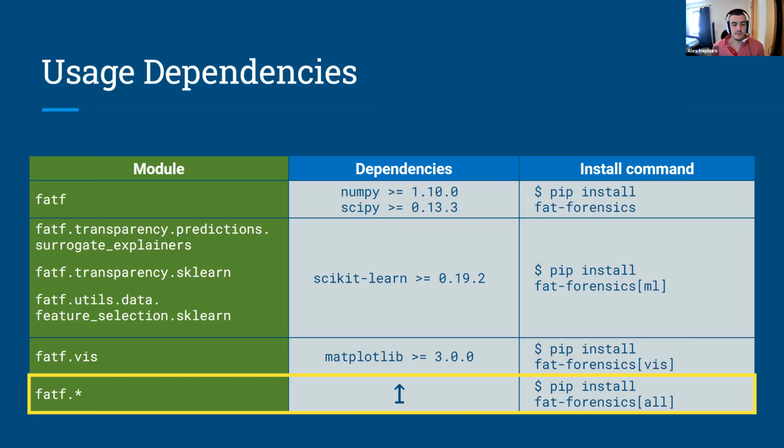We also have a module for visualization that has a couple of quite basic visualization functions. Stuff like feature importances, you can plot those in the visualization module. For that, you'll need matplotlib, and again, you can install it with pip install fatforensics and then put viz in square brackets. Or you can install everything, and you'll be able to run any code that's in the package. And with that, it's just pip install fatforensics and then all in square brackets after that.